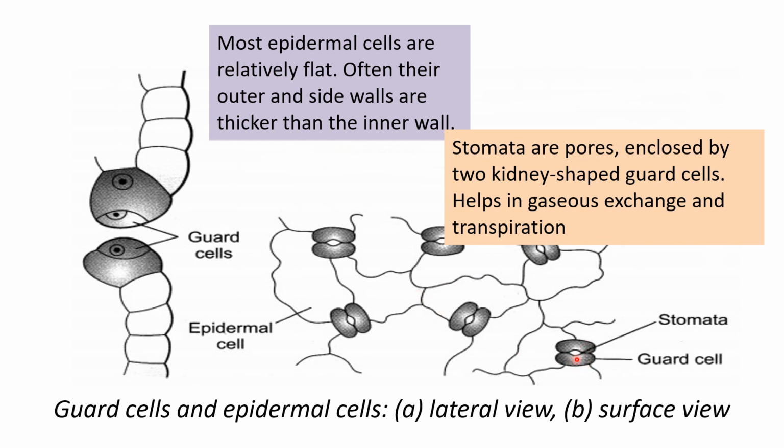This is the stomatal opening and these two are the kidney shaped cells known as guard cells. Guard cells opening को control करते हैं, इस stomata के खुलना बंद होना इन सबको regulate करते हैं. So therefore the guard cells also help in the rate in which gases will be exchanged with the environment, किस रेट से कार्बन डाइऑक्साइड लिया जाएगा और ऑक्सीजन छोड़ा जाएगा, और वाटर लॉस को भी रेगुलेट करते हैं.